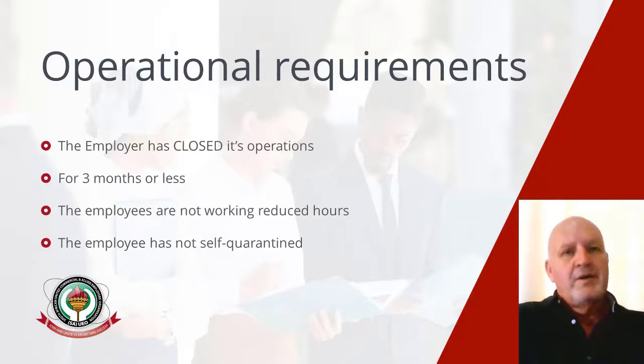Another qualification is that the employees are not working reduced hours. By reduced hours, we mean the employer is still open, but the employees are not working their full 45 hours a week. They may be down to 30 hours per week. And then also the employer is not self-quarantined.